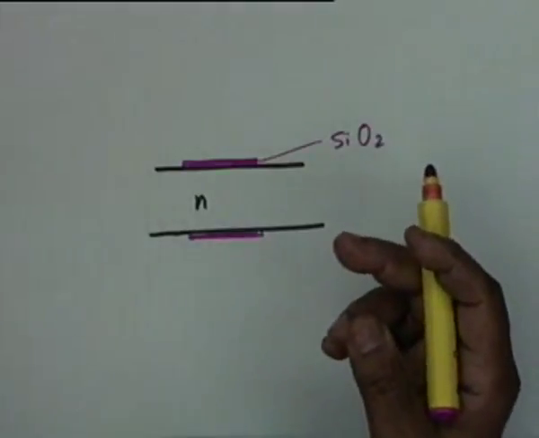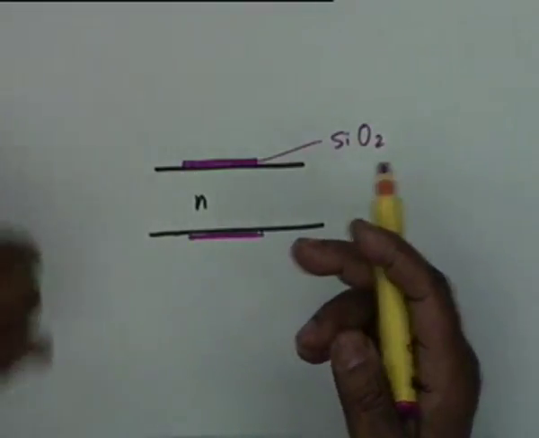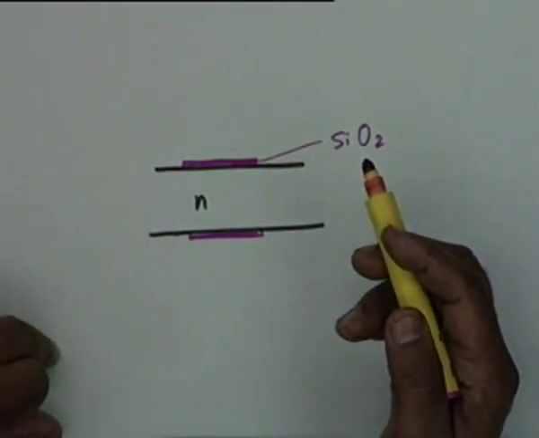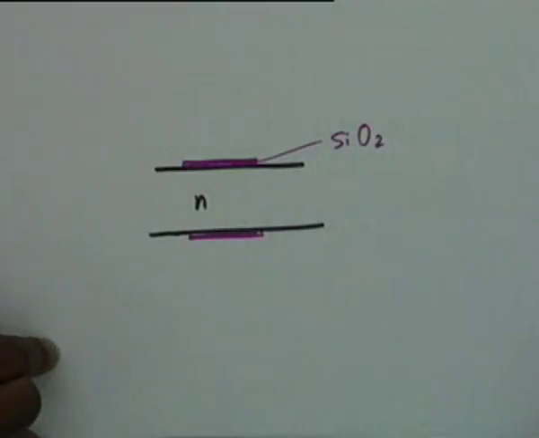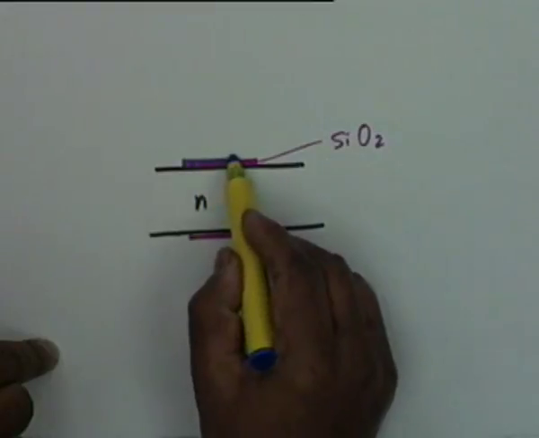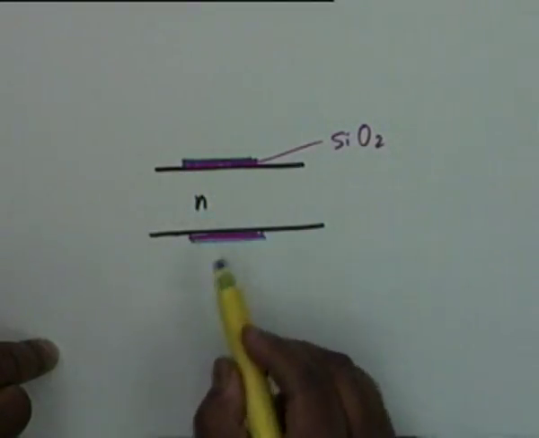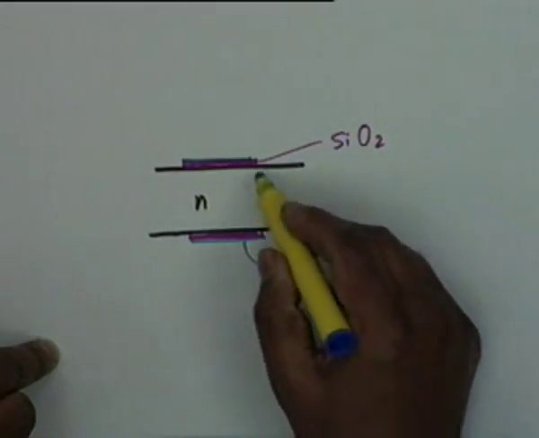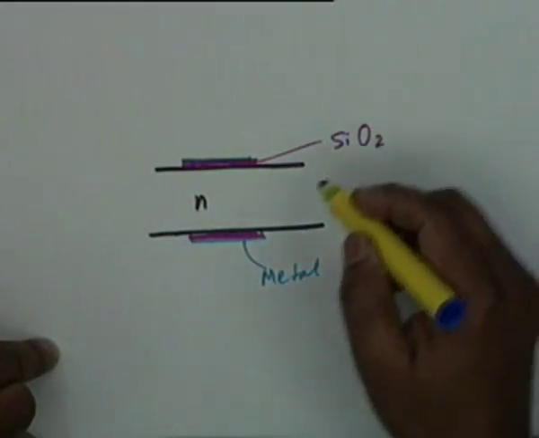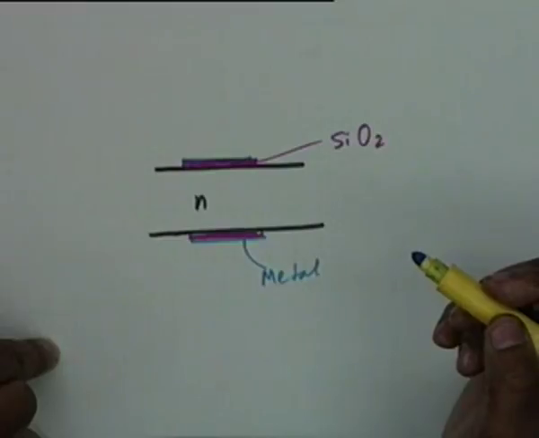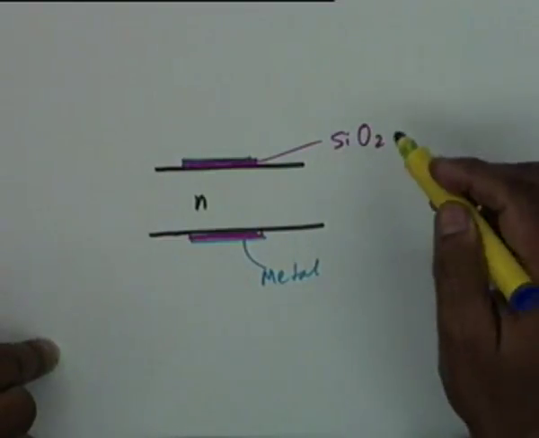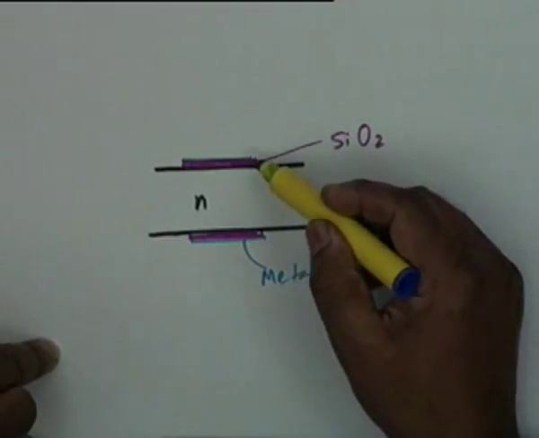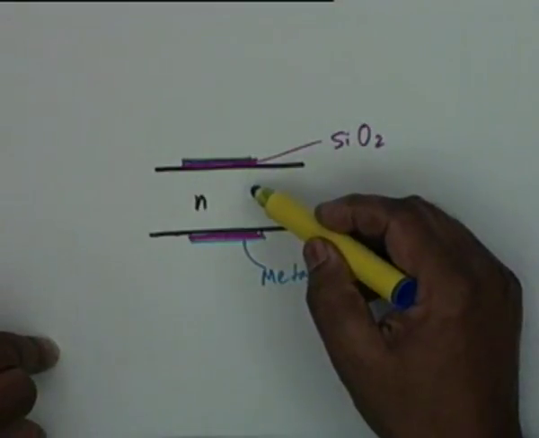So you simply expose to oxygen when silicon dioxide is deposited. Silicon dioxide is an insulator, and then you deposit a layer of metal here. So this is metal, this is silicon dioxide, and then you have the semiconductor N. All right. So what you have is metal oxide semiconductor.